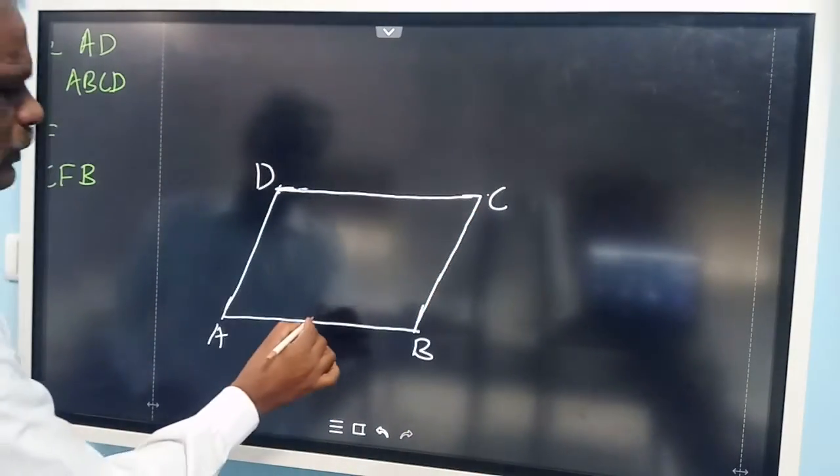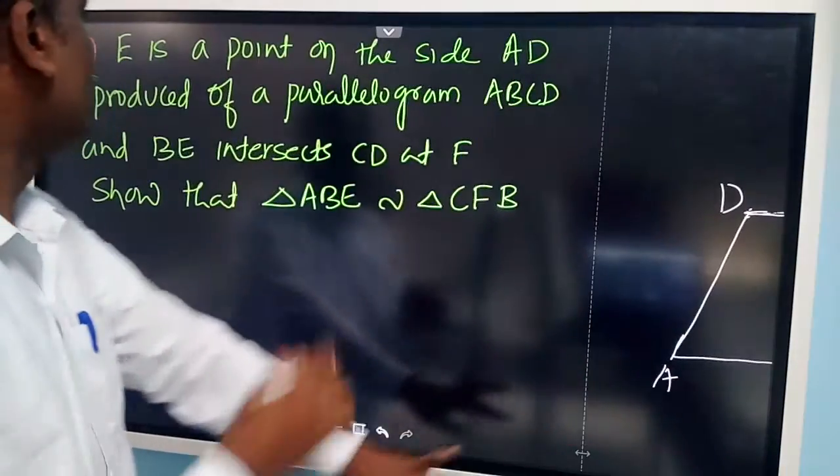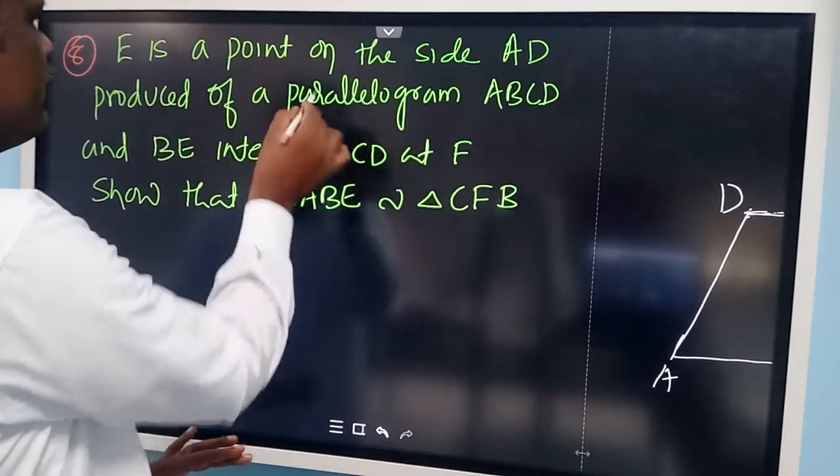Opposite sides are parallel, this is parallel to this one. E is a point on the side AD produced of the parallelogram.